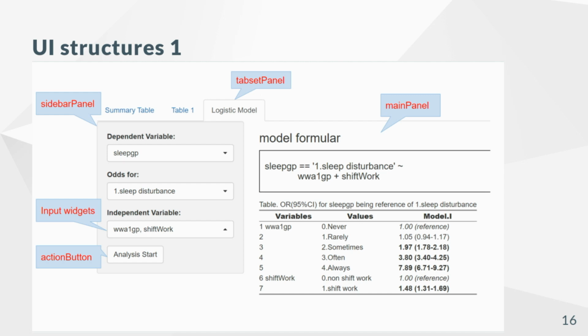Main panel defines the content for the main panel, which typically contains output elements such as tables, plots, or text output. Tabset panel organizes the UI into multiple tabs, with different content displayed in each tab. Action button creates a button widget that the user can click to trigger an action in the app.